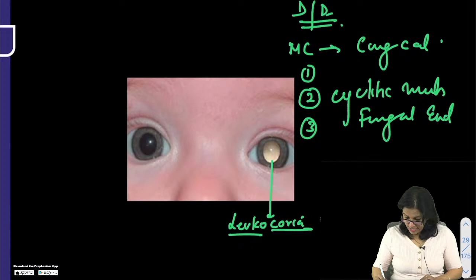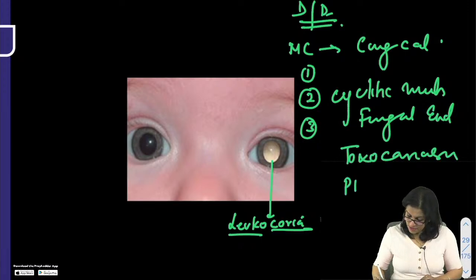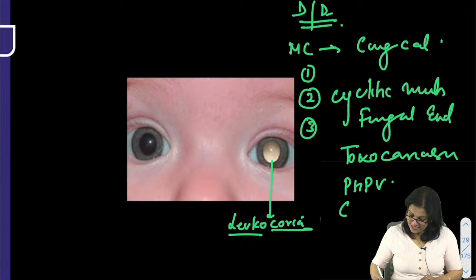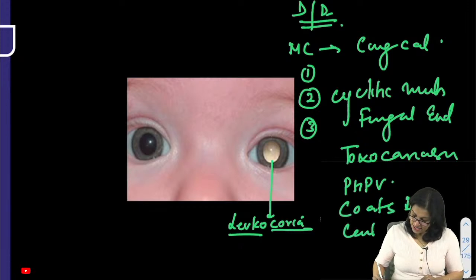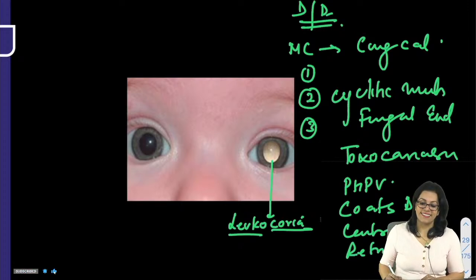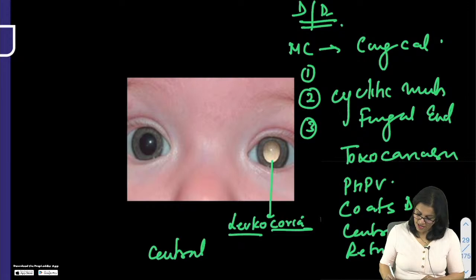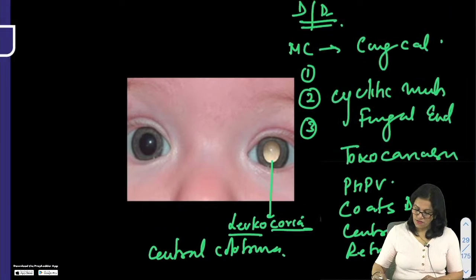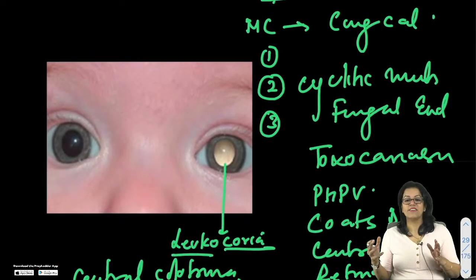Then in children you can get toxocariasis. Then we can get persistent hyperplastic primary vitreous. We can get Coats disease. We can even get retinal detachment, retinal dysplasias, and also colobomas. So there is a long list of differential diagnoses of why you can get a white eye reflex.